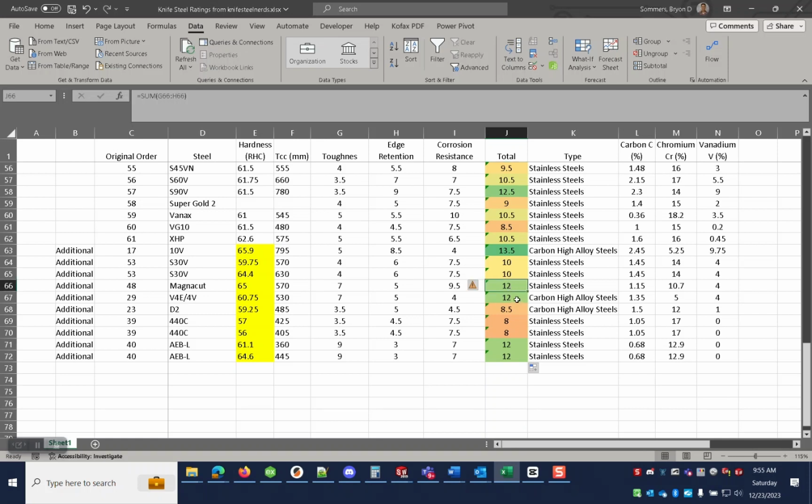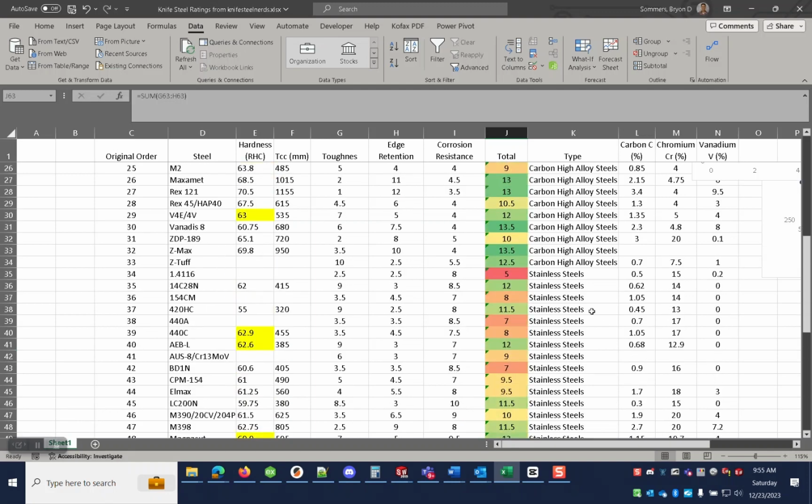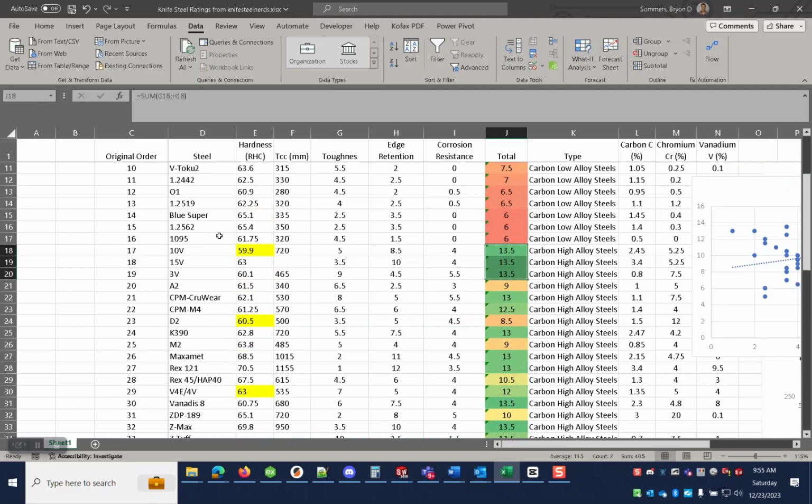Magnacut is a 12 next to 4V. That's interesting. That's still pretty damn high. The highest I'm seeing is 13.5 for 10V, 13.5 for ZMAX, Venatus, 13 Maximit, and then three 13.5s here for 10V, 15V, and 3V.